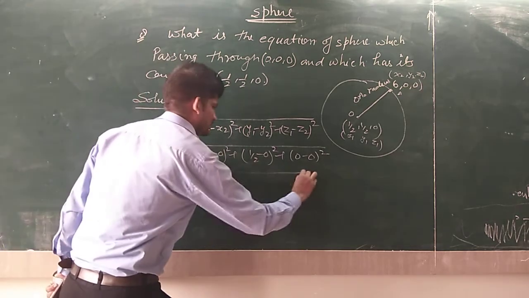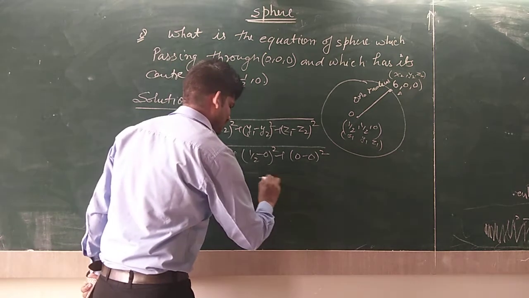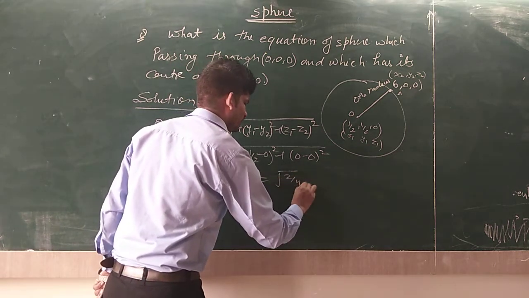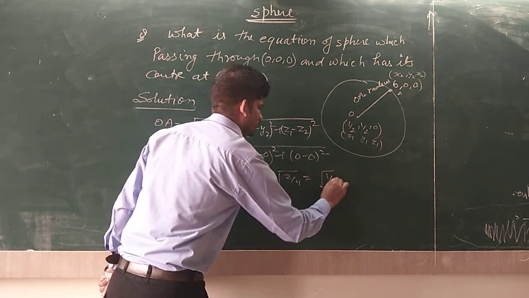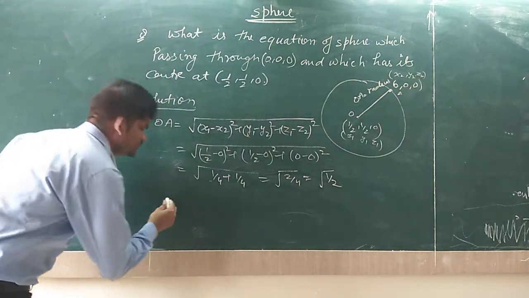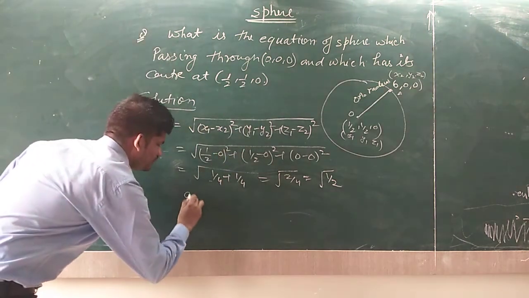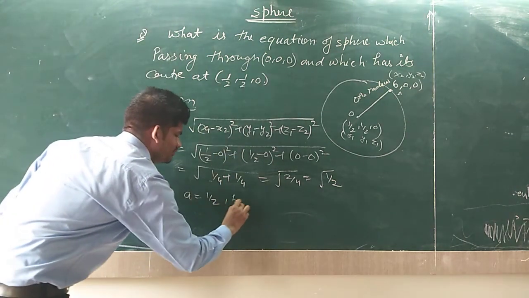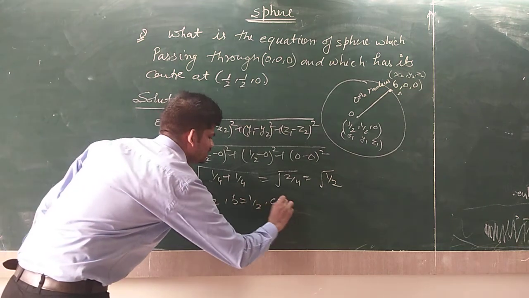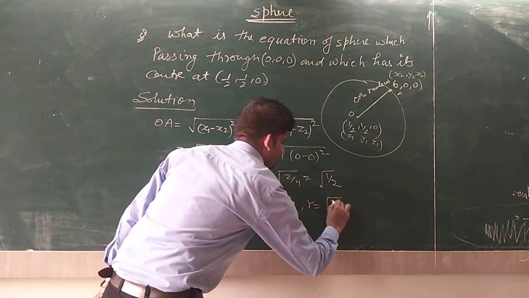Then 1/4 plus 1/4 is 2/4, root 1/2. This is the radius and center is (1/2, 1/2, 0). Then a equal to 1/2, b equal to 1/2 and c equal to 0, and the radius is root 1/2.